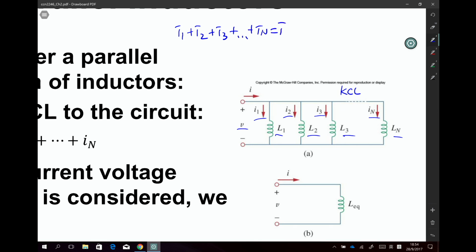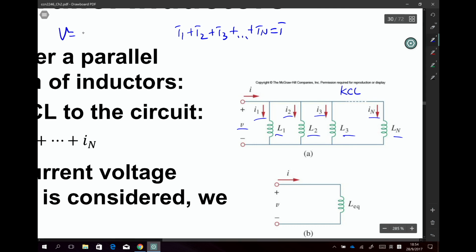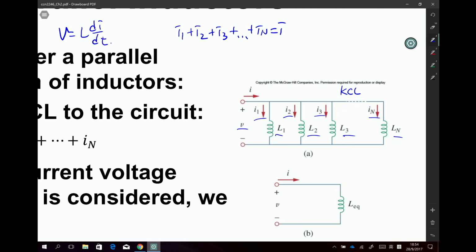Now, our IV characteristic of the inductor is given by V equal to L di/dt. So you cannot apply this formula directly because you don't have di/dt. So what will you do? You do the same thing as with the capacitor.